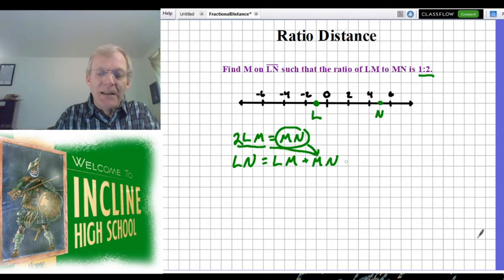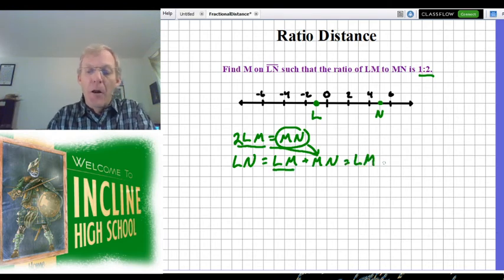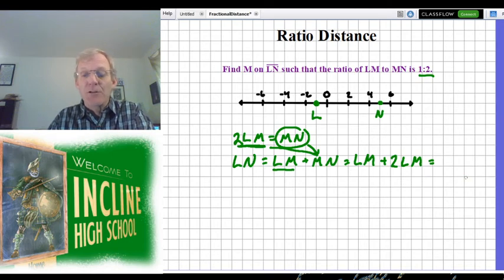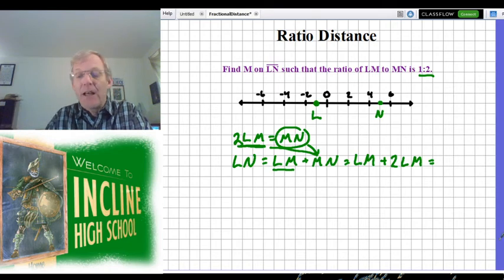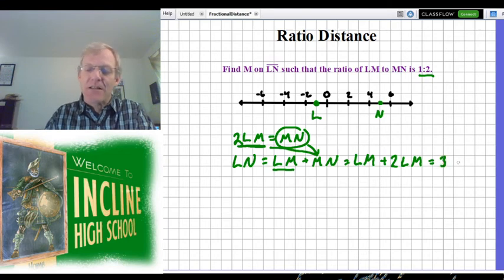So it equals the first LM, that one right there, plus the 2LM up here. And so now, thinking about algebra, those are the same variable, the distance of L to M. There's 1 distance of L to M plus 2 distances of L to M, gives us 3 distances of L to M.